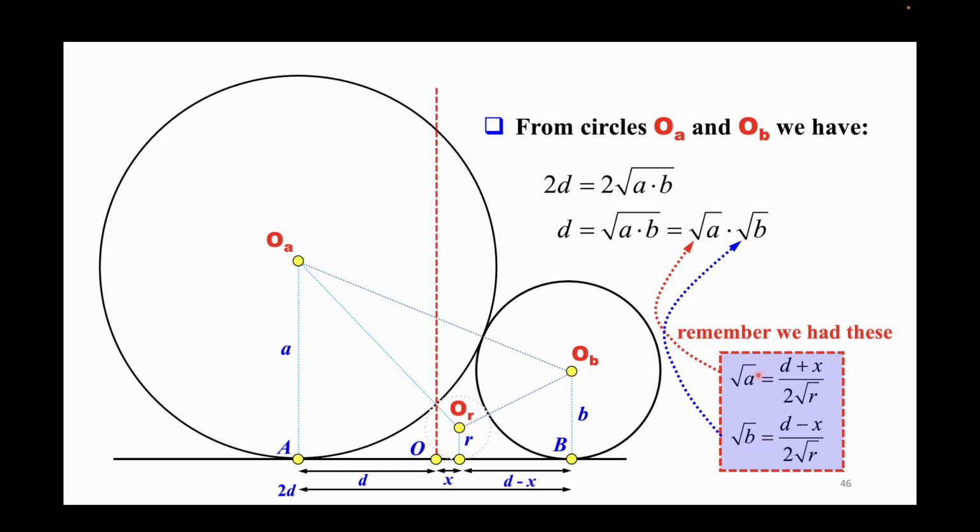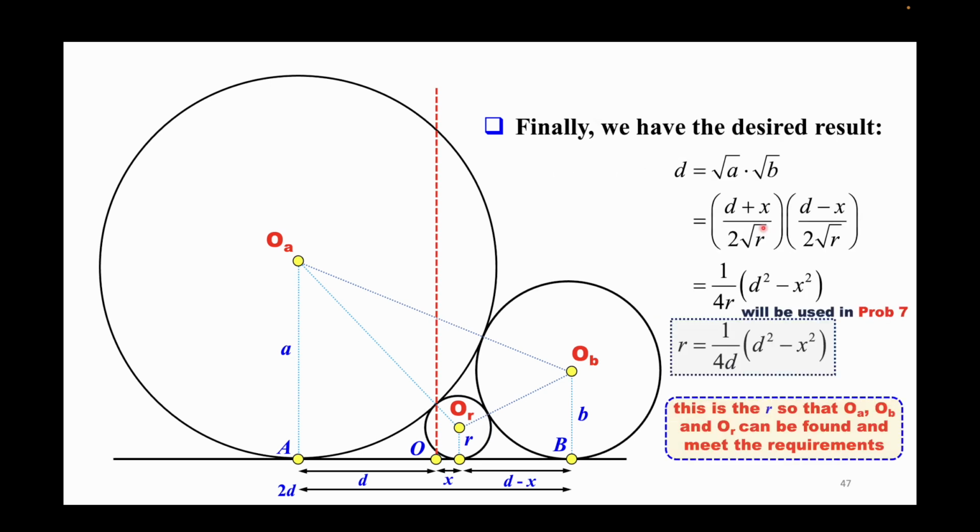So how about we plug in the square root of A here, the square root of B here. Then we have this. This was found to be the square root of A. This was found to be the square root of B. So multiply them together, we have D equals 1 over 4r times D squared minus X squared.